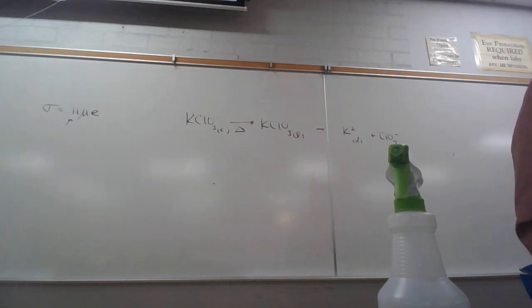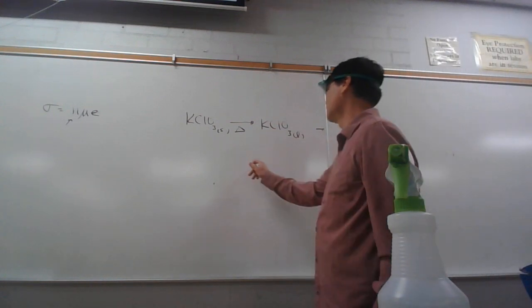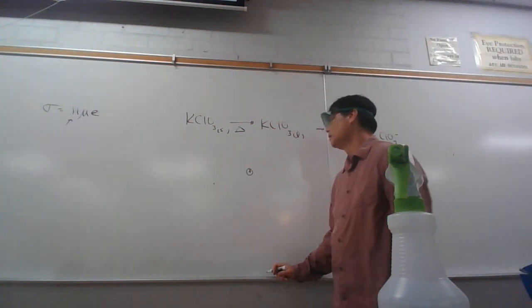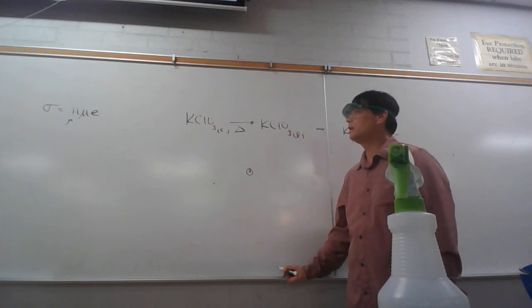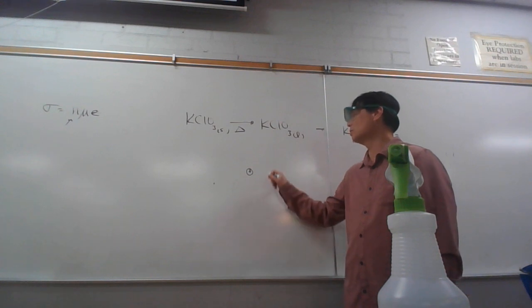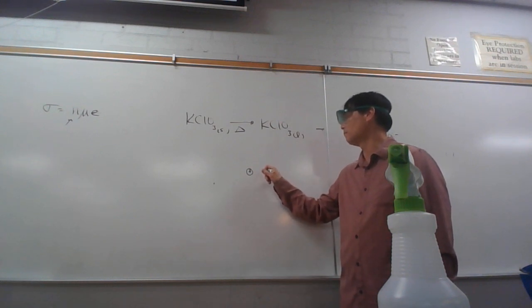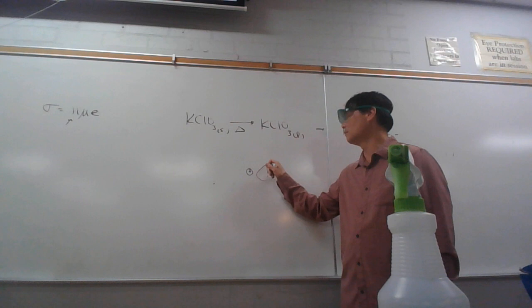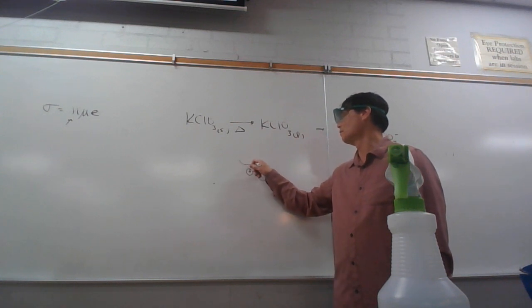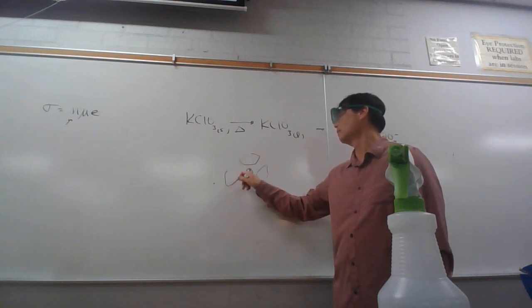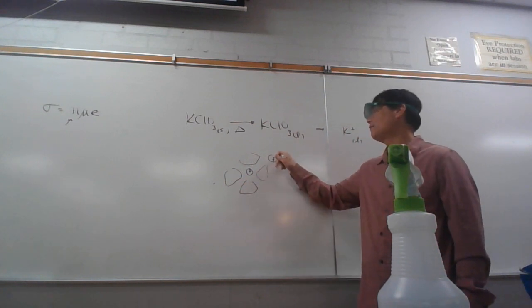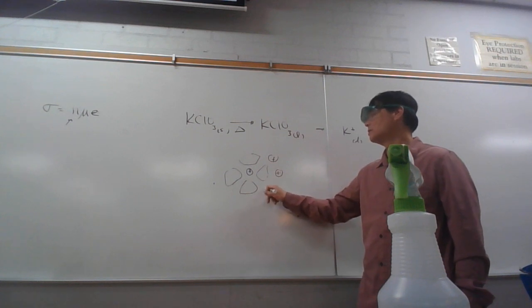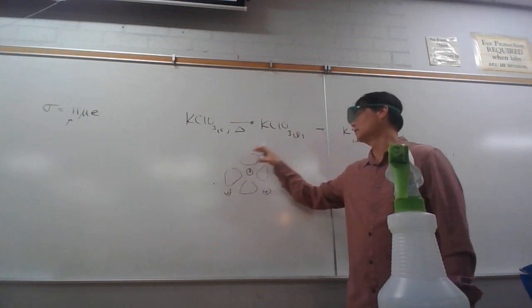So is the solid in a structure? Yeah, the solid is going to be in a crystal lattice. Now chlorides are round, but chlorates are not. What is the structure for chlorates? Chlorates are trigonal pyramidal. So you have these trigonal pyramidal anions locked in a lattice. I'm not going to write it all out, but this would just be a lattice here.